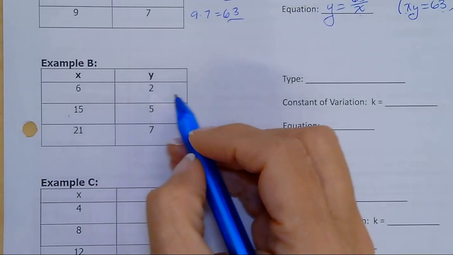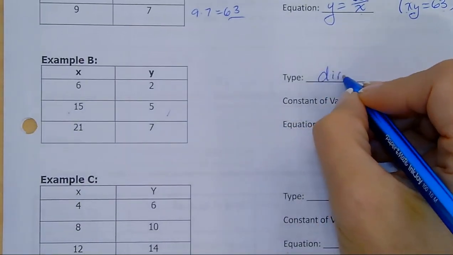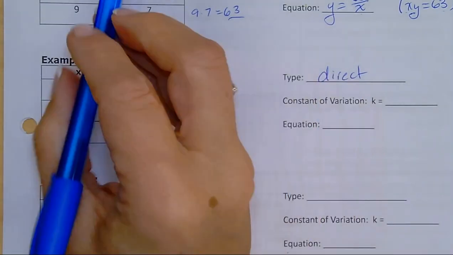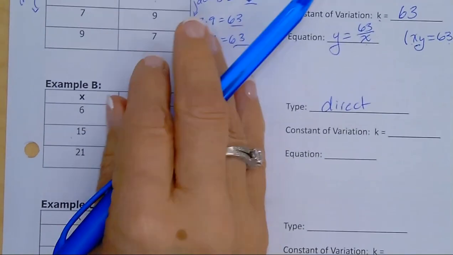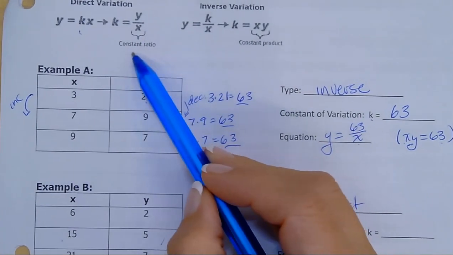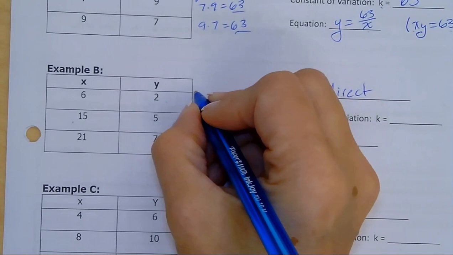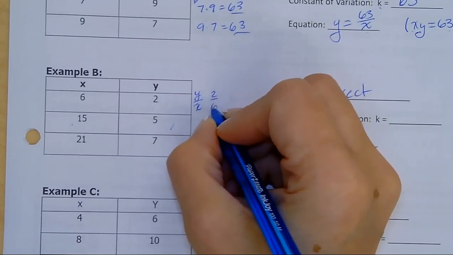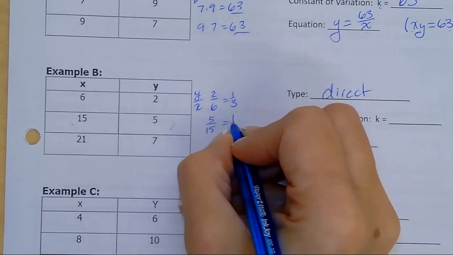Okay, example B, let's take a look. I'm increasing. I bet this one's direct, so I'm going to take a wild guess and say it's direct. This means that anytime I say y over x, it's going to be a constant. That's my ratio. So let's try y over x. Every single time, y over x is going to be 2 over 6, which is 1/3. I have 5 over 15, which is 1/3.